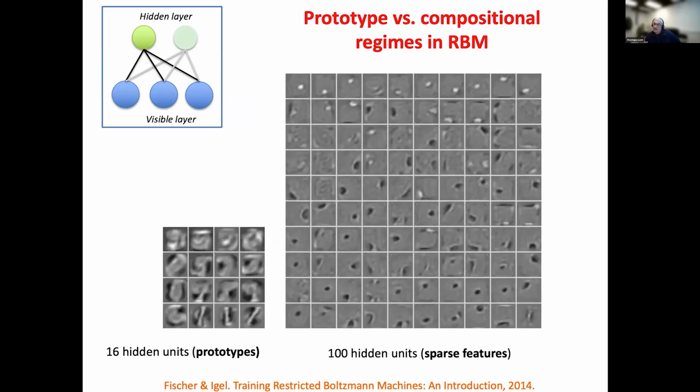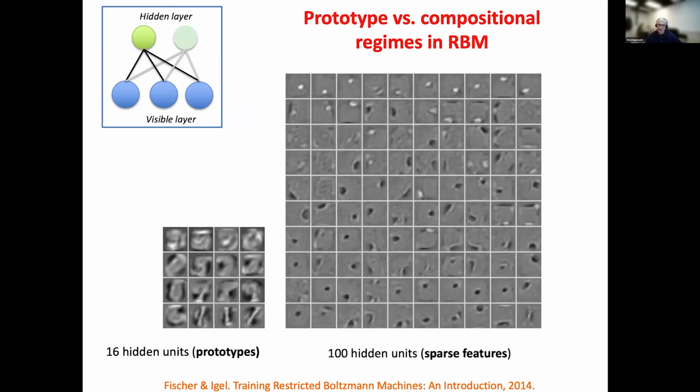So the last thing I wanted to mention is that there are very interesting questions which are still not fully resolved if we look at representations. Depending on the hyperparameters of a machine, the same data can be represented in many different ways. Here I'm giving one example extracted from this paper, where depending on the size of the hidden layer in these machines, you may be in two completely different representational regimes.